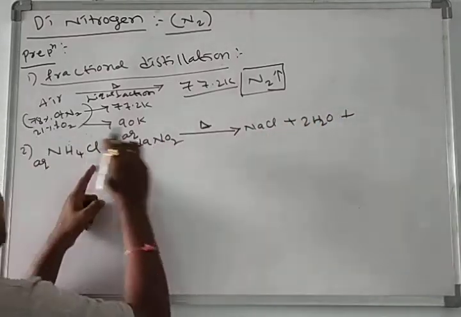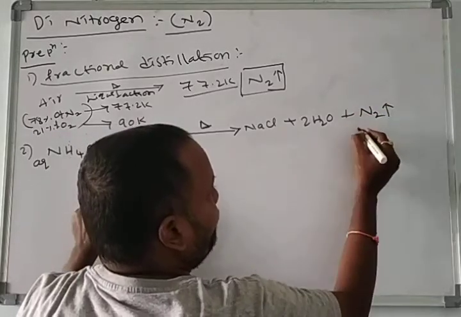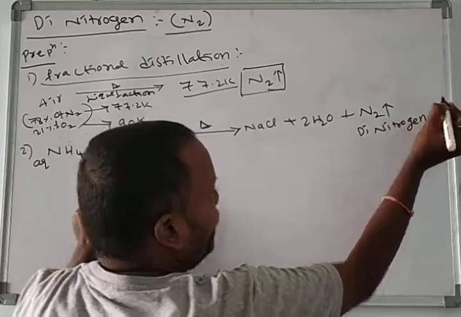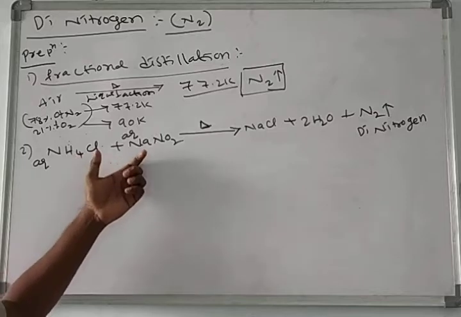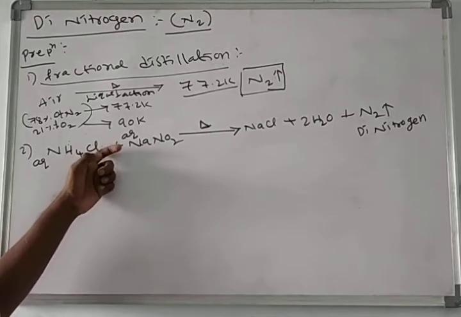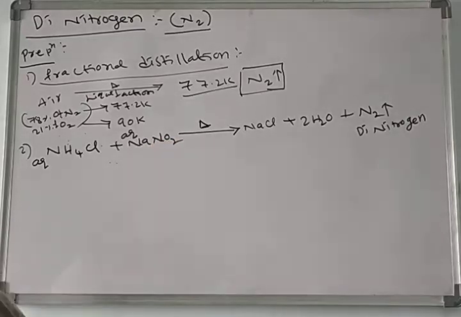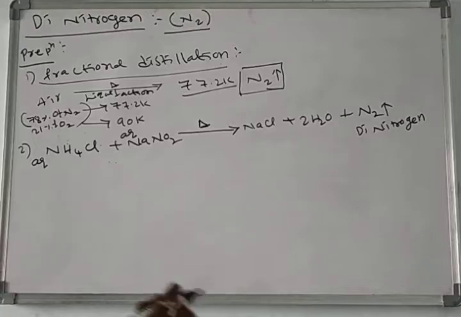One nitrogen here and one nitrogen here form dinitrogen. So dinitrogen is prepared by the reaction between aqueous ammonium chloride salt and aqueous sodium nitrite salt.